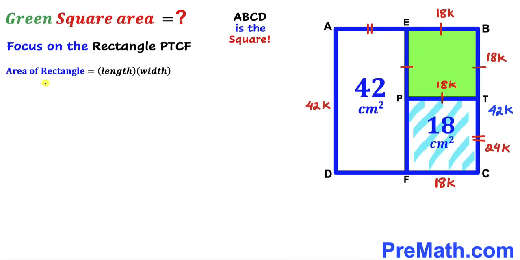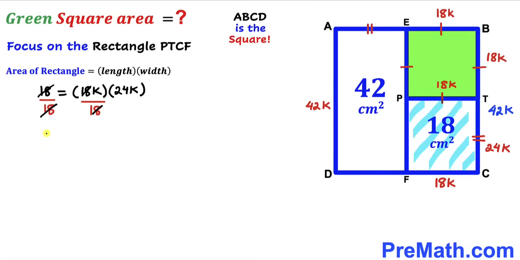Let's go ahead and fill in the blanks in this formula. So our area 18 is going to be equal to our dimensions: 18 times k, and the other dimension is 24 times k. And here I'm going to divide both sides by 18. And here we can see this 18 and 18 is gone. Likewise, this 18 and 18 is gone as well.